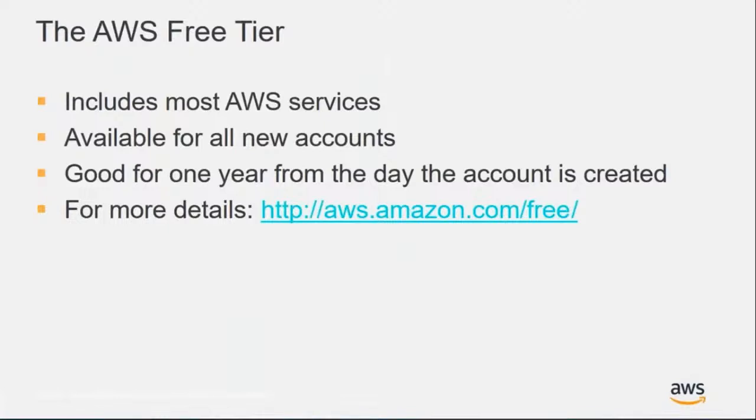The AWS Free Tier includes AWS services available for all new accounts and is good for 1 year from the date the account is created. So for 1 year, it is completely free. I will discuss this when we reach it. Practically, we will see it.